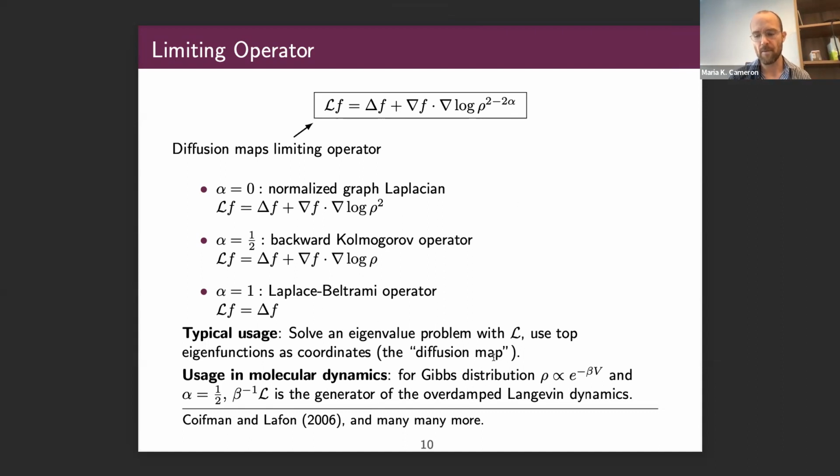The term diffusion map in this case usually refers to when people use this algorithm to find their discrete L matrix and then solve an eigenvalue problem with it and use it for some sort of embedding on the coordinates. In our case, we're instead using it for a boundary value problem, but this is where this diffusion map term comes from.